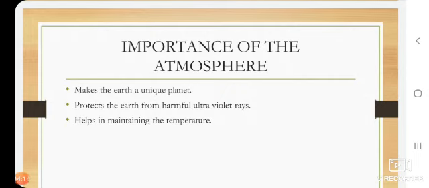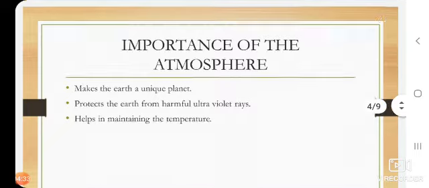The atmosphere protects the earth from the harmful ultraviolet rays and infrared rays of the sun, and it also maintains the temperature suitable for life. This is why the atmosphere is important to us.